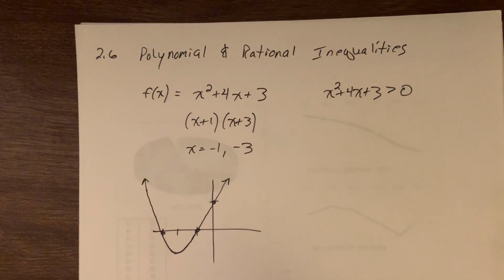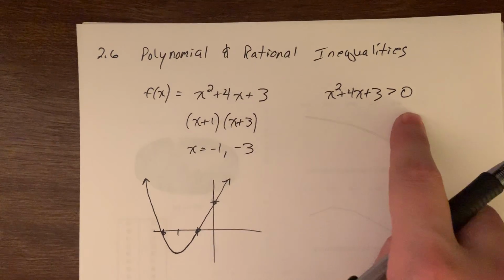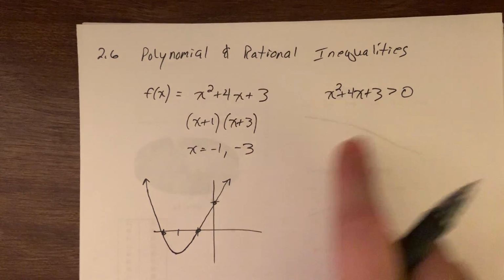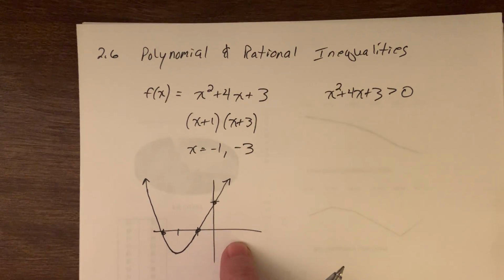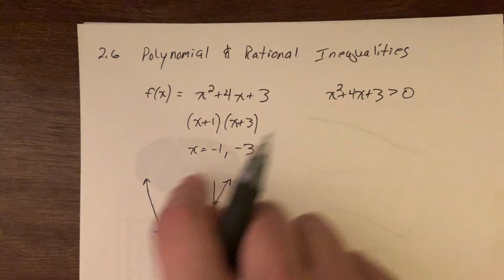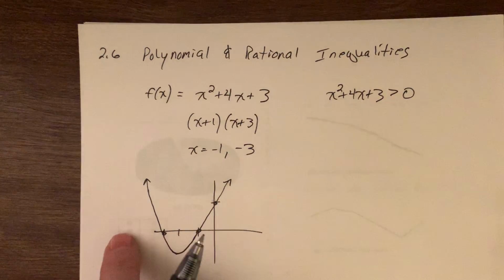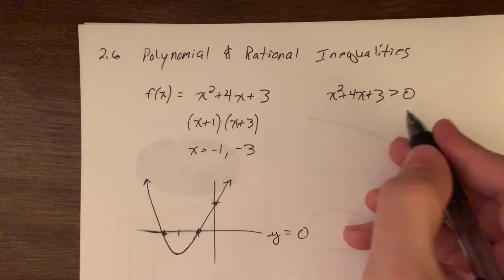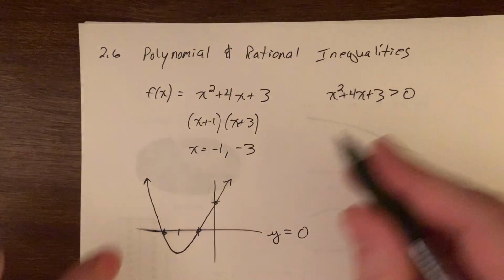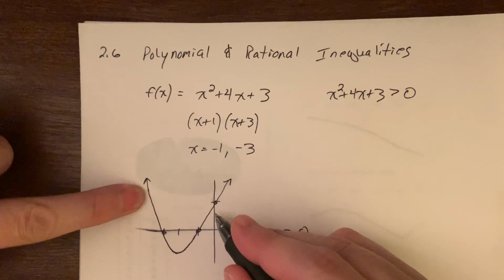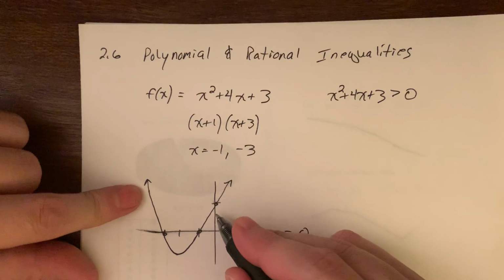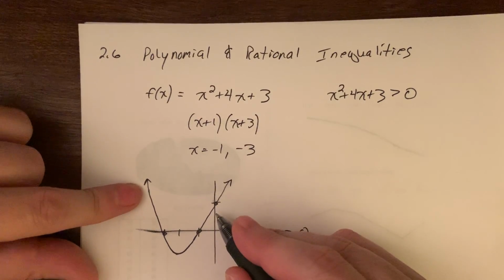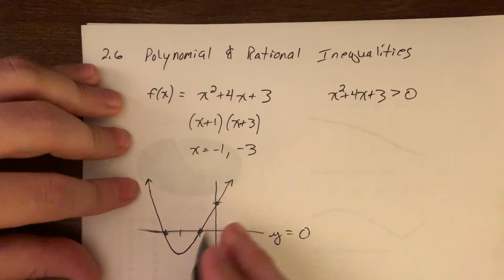So if I wanted to know where this is greater than 0, it's the same thing as looking at this graph and looking for the regions where the graph is above the x-axis. The x-axis represents the equation y equals 0. This is still a where question, so I'll answer by x's, and it's not an individual x.